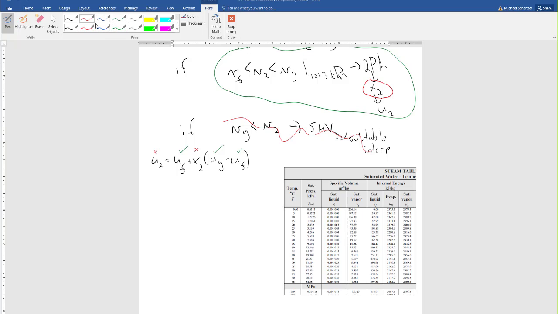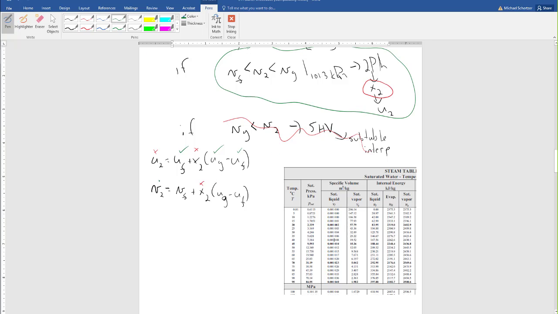So instead, I have to write out this equation again, but for specific volumes. V2 is equal to VF plus X2 times VG minus VF. Now in this case, I don't know X2, but I do know V2.